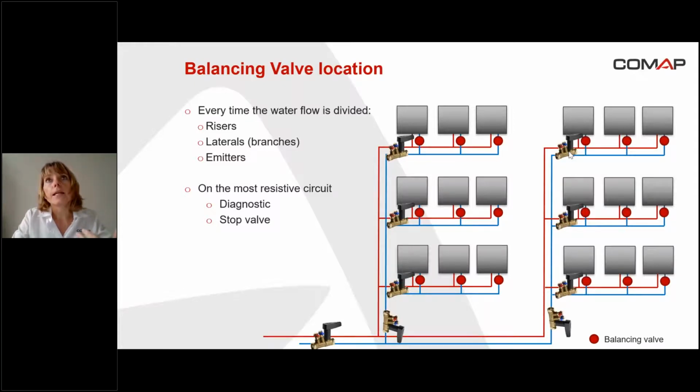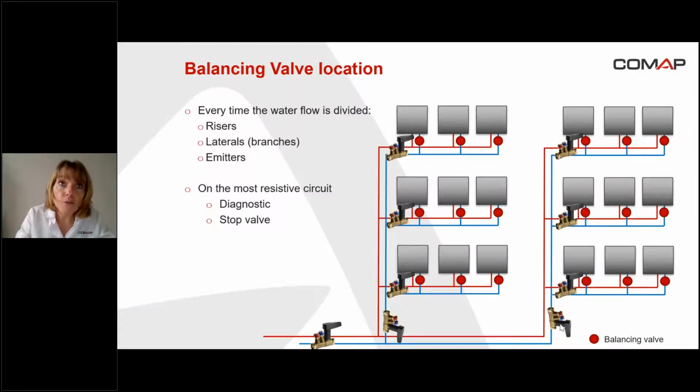Why? It's not to adjust the flow because the valve is going to be fully open, but it's in order to be able to do diagnostics when the network is operating. If there is a problem on the network, if we don't have a balancing valve, we can't measure the flow.